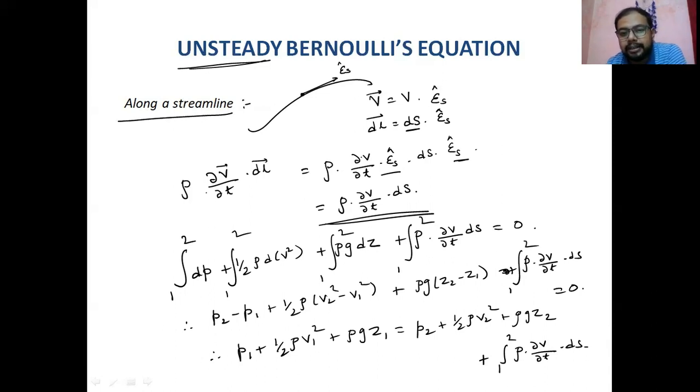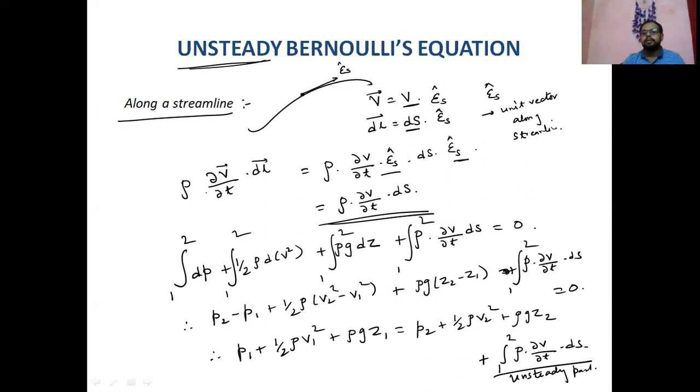This remaining part is the unsteady part, and it will be 0 when the flow is steady. Here you should understand that ES is the unit vector along the streamline.